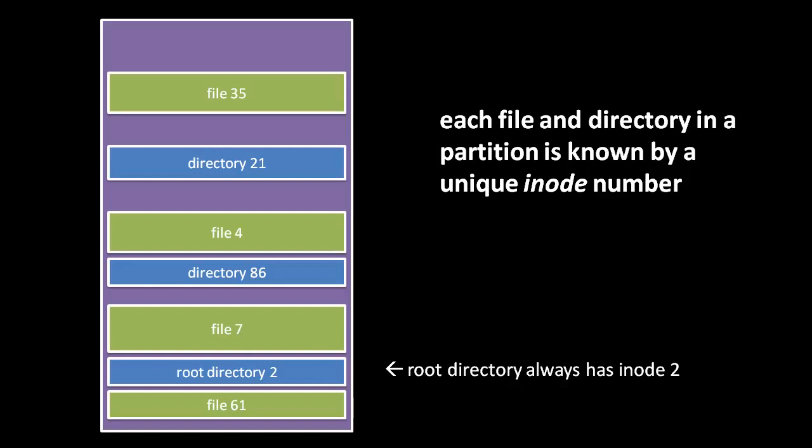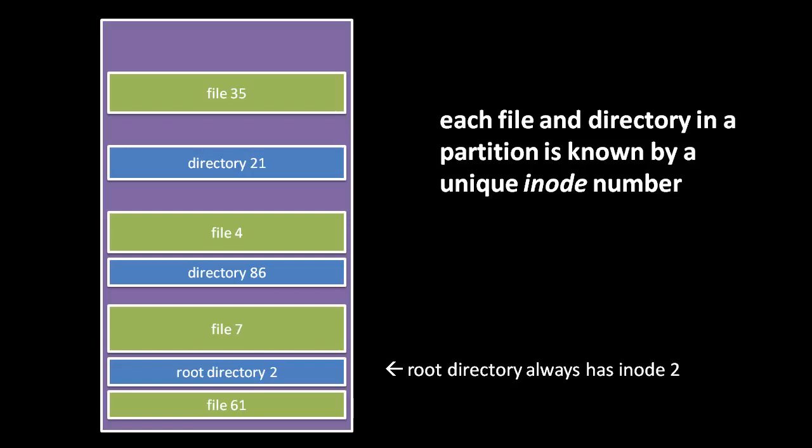Always within a partition, you have at least one directory called the root directory, which is always designated inode 2. Why inode 2? Well, inode 1 is used specially for a list that keeps track of all the bad sections in the partition, the parts that are unusable, and inode 0 is used especially like a null pointer. It indicates the absence of any file or directory.